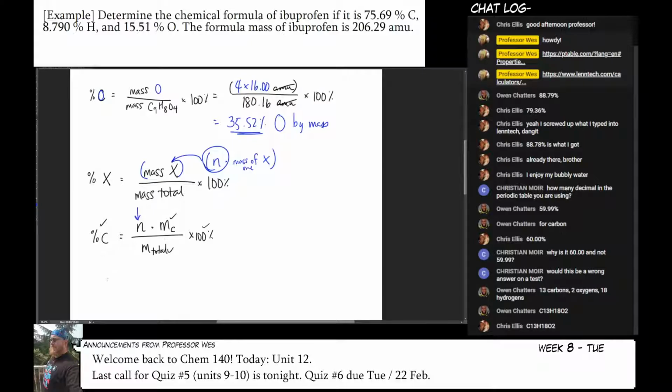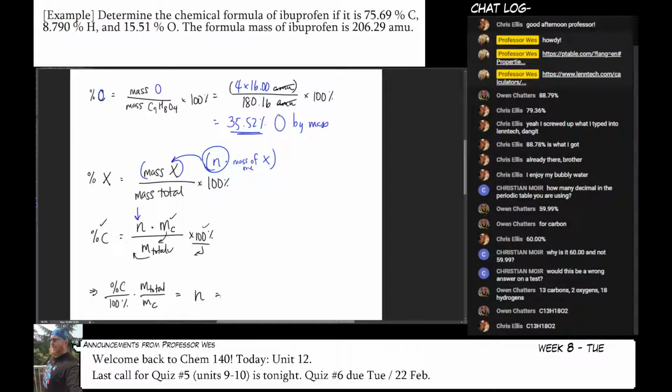So I can rearrange this expression in the following way. I'm going to move this to that side, and this to that side, and this to that side. Doing all this algebra, I would get percent carbon divided by 100% times whatever the total mass was, divided by the mass of carbon.